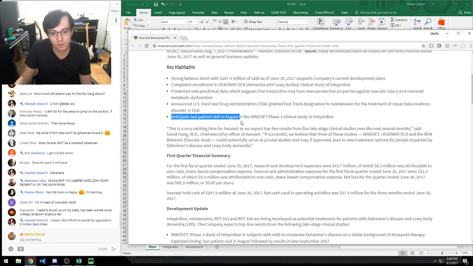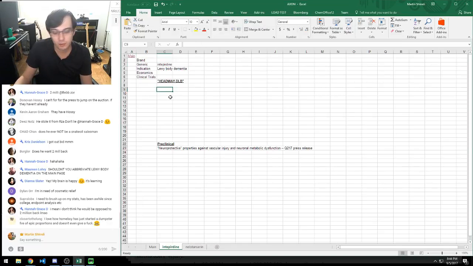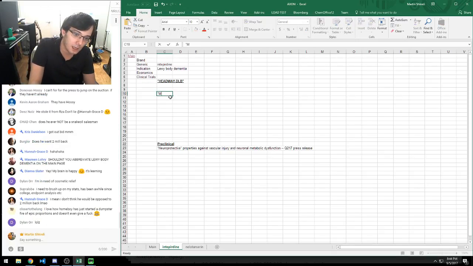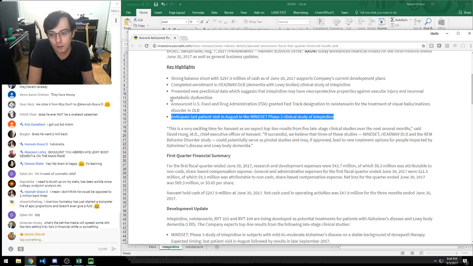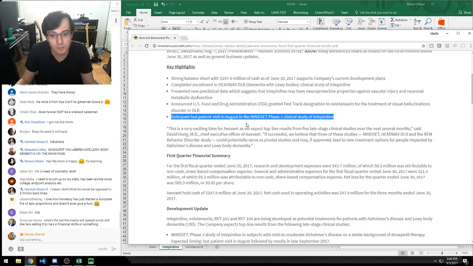Anticipate last patient visit in August in the Mindset Phase 3 clinical study of intepirdine. I think that's the study we're going to be focusing on, but I'm not sure. Mindset, Phase 3. We don't know that that's the Alzheimer's study quite yet from this press release, but that's fine.